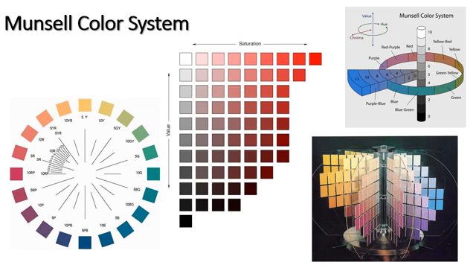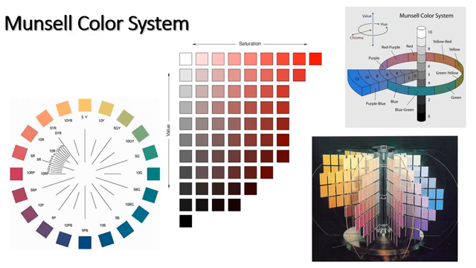So each horizontal circle in Munsell system is divided into 5 principal hues, that is red, yellow, green, blue and purple. And along with this, they have 5 intermediate hues, for example, yellow red, green yellow, purple blue. They are halfway between the adjacent principal hues.